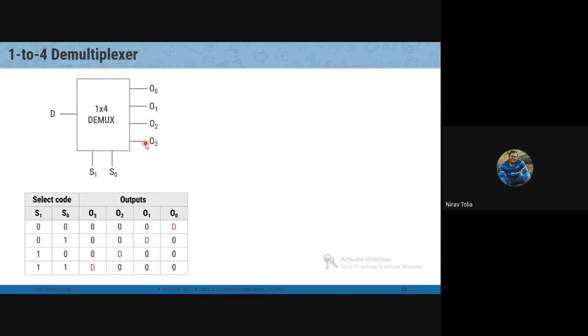All the other outputs, O0, O1 and O2, remain inactive, or you can say zero state. So this is the truth table of the 1 cross 4 demux.